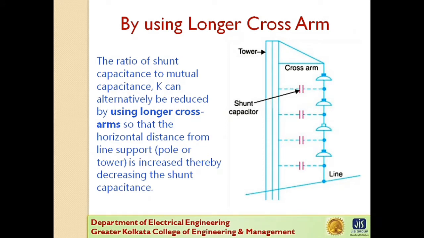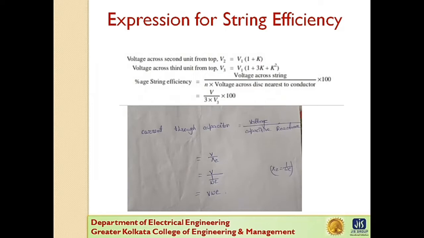If the insulation of the highest stressed disc, that is nearest to the conductor, breaks down or flashover takes place, the breakdown of the other units will also take place in succession. This necessitates equalizing the potential across the various units of the string, that is, improving the string efficiency.